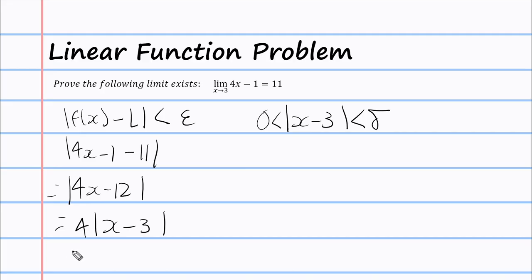So we're going to say that that is less than 4 times delta. And remember, we set delta to be epsilon divided by 4. So that's just equal to epsilon, because 4 times epsilon divided by 4 is just epsilon.